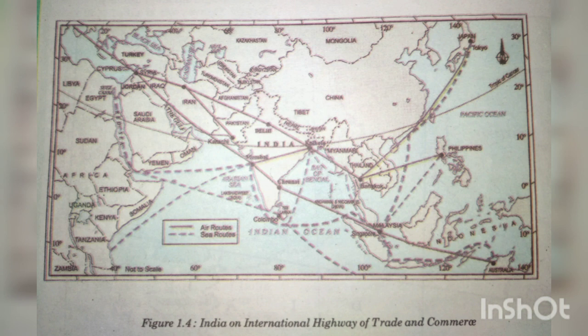Now I am going to discuss India and the world. What is the position of India in the world? India is situated in the southernmost part of the Asian continent.